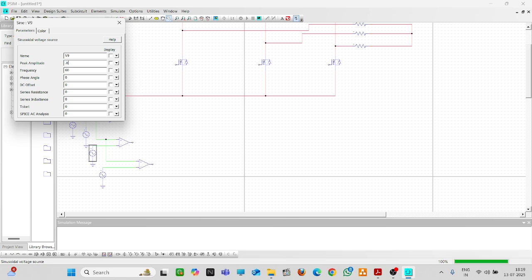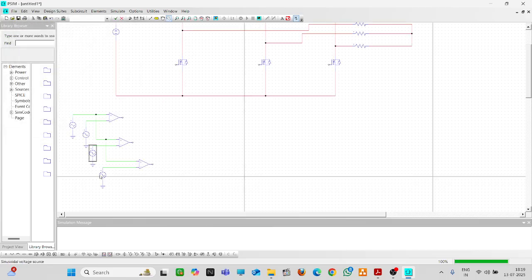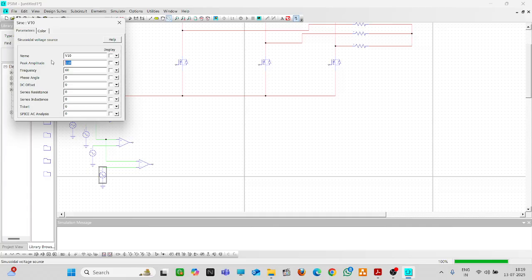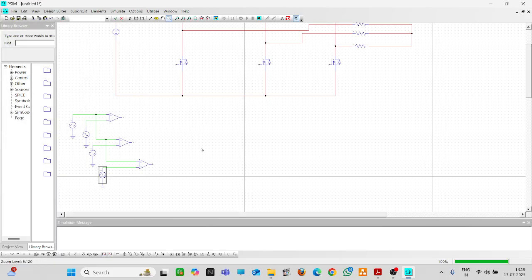This is again 0.8 for symmetrical pulses. This is very important. Frequency has to be changed. Then again 0.8, and this one is 50. In this way, I think this is now done.